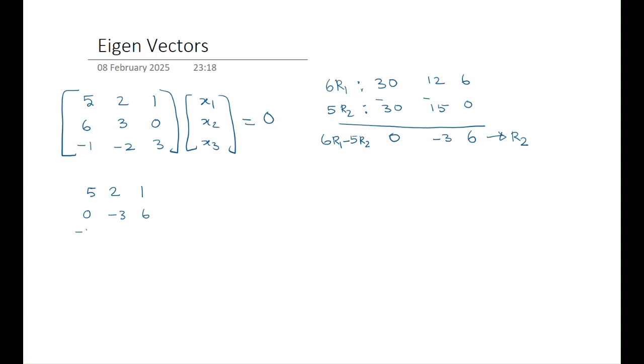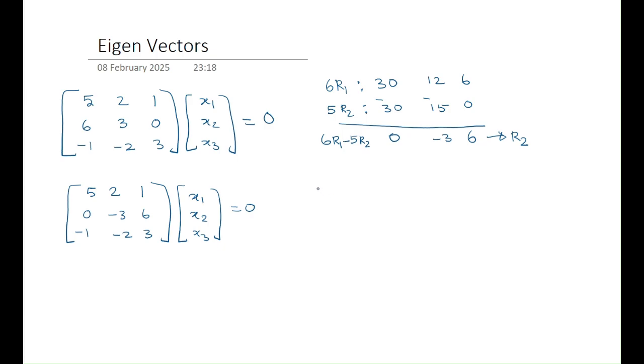And then the last row is minus 1, minus 2, 3, multiplied with x1, x2, x3 equal to 0. Now our next target is to make this element minus 1 as 0, which is very simple.